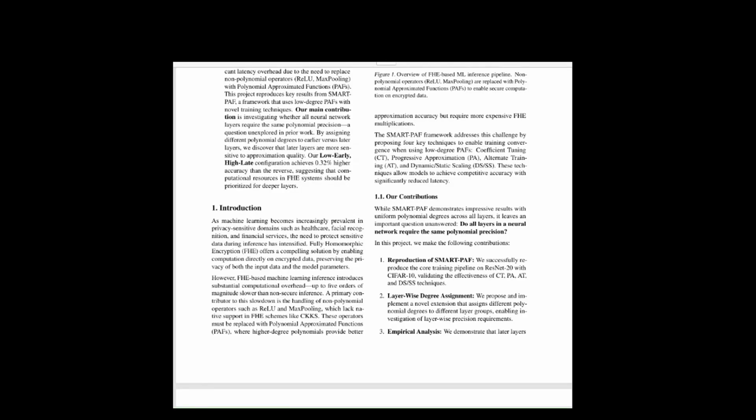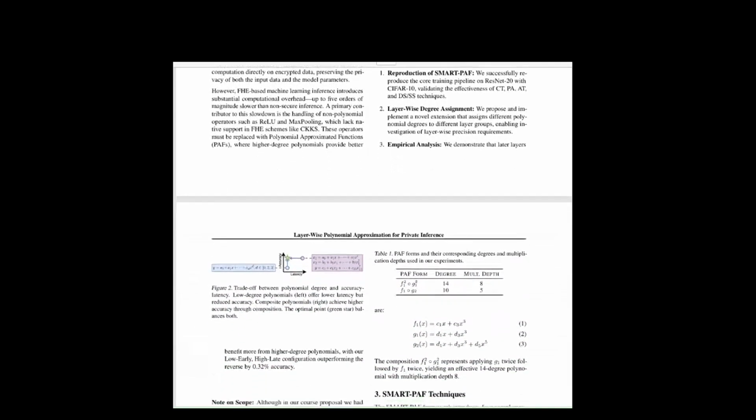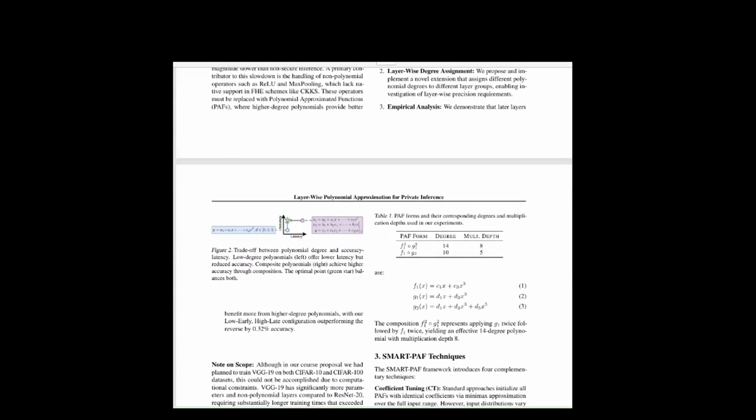The second contribution, which is basically the new method, is that we proposed a novel extension of layer-wise degree assignment. Instead of using one polynomial everywhere, we split the network into groups and assigned different polynomial degrees to earlier versus later layers. The third contribution was the empirical analysis.